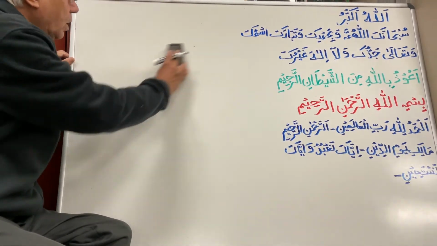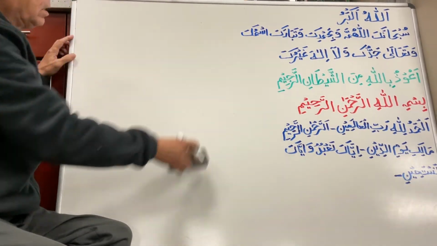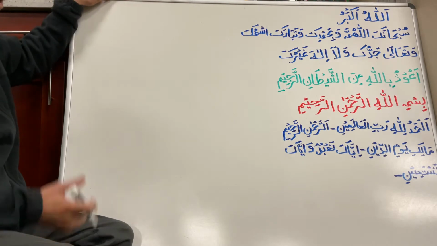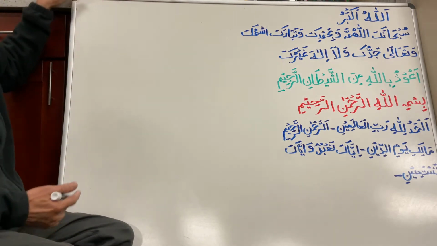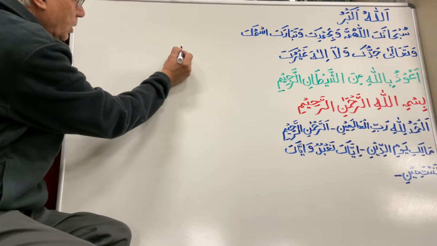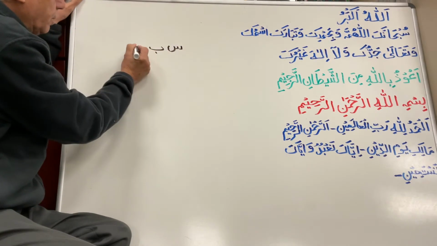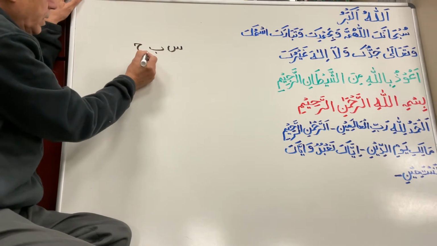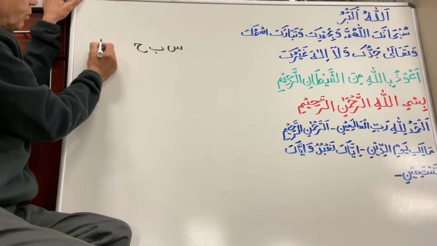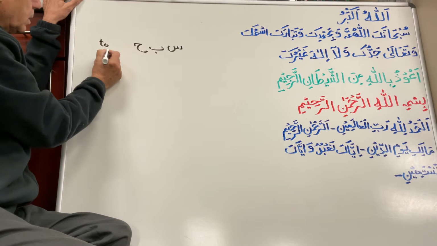After that, we recite tasbih, Subhanak Allahumma. So let's understand what that means. The root letters are sin, ba and ha. The meaning of these three root letters is to float or to swim. Just write down float.